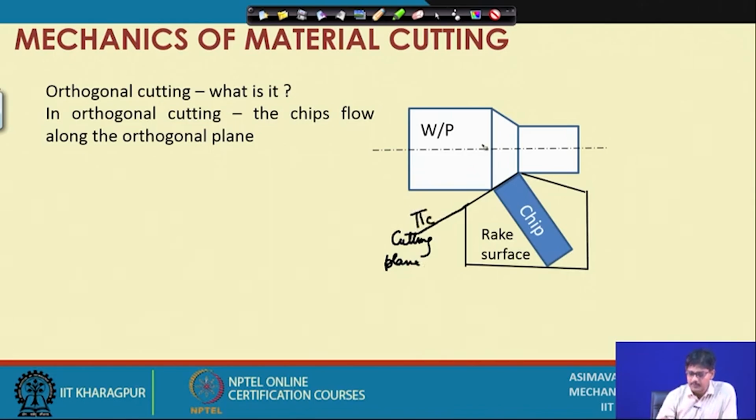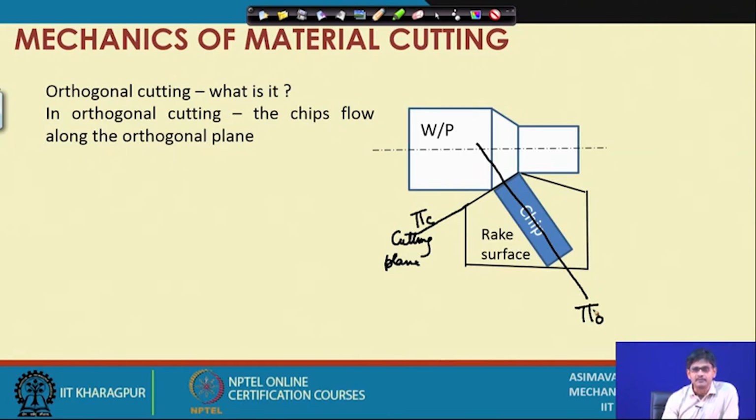This one perpendicular to it and perpendicular to the reference plane must be the orthogonal plane. So, I have drawn a figure in which I am claiming that the chip is coming out of the cutting zone by moving along the orthogonal plane.